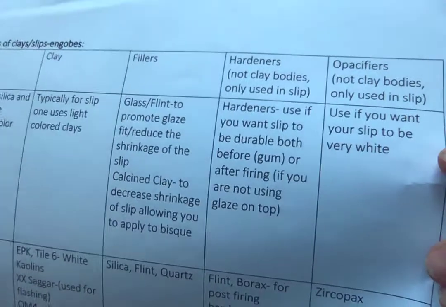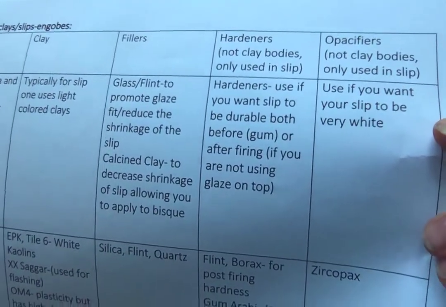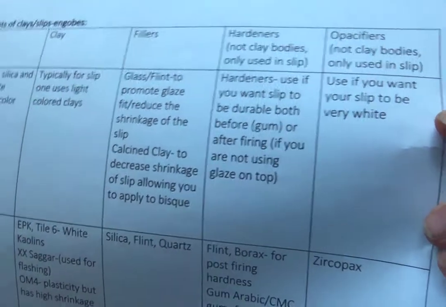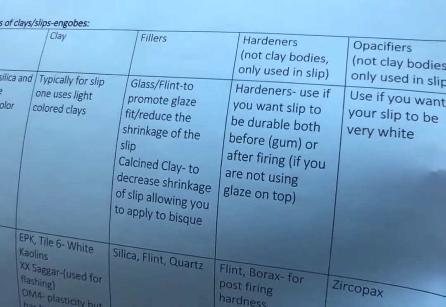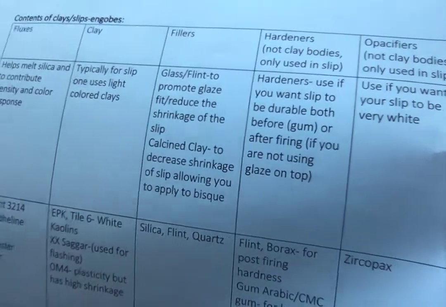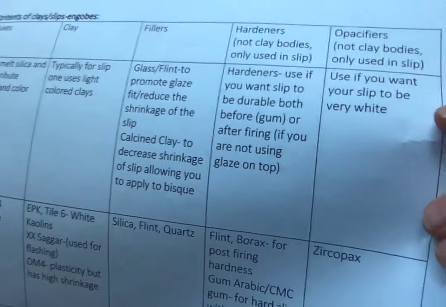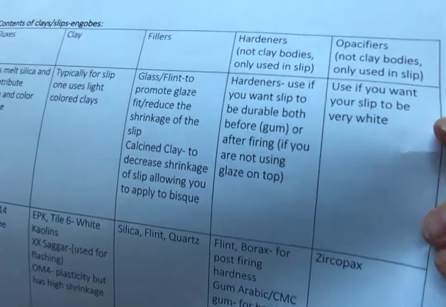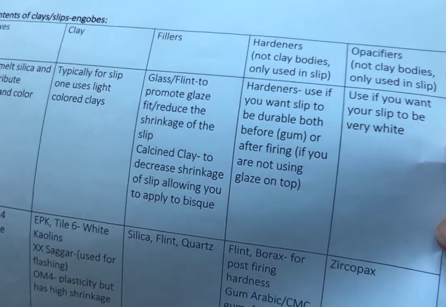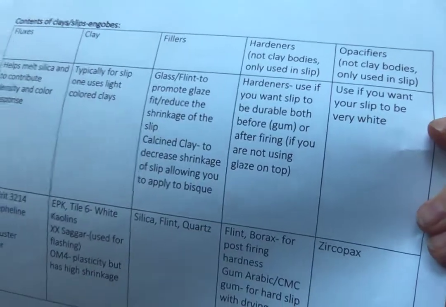All right, so for your fillers, often we add glass flint to promote glaze fit and reduce the shrinkage of the slip. And if you're trying for a bone dry or bisqueware application, you're going to really want to add what we call calcined clay or calcined kaolin. This is just like an EPK or Tile 6 kaolin clay, inexpensive, that's been fired to a high temperature already.